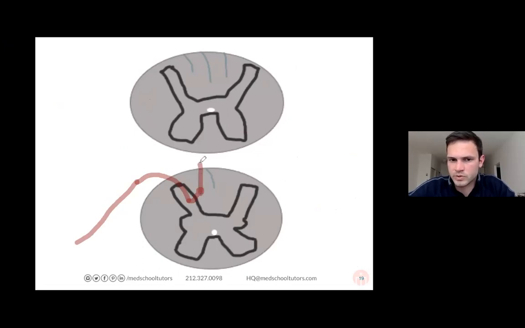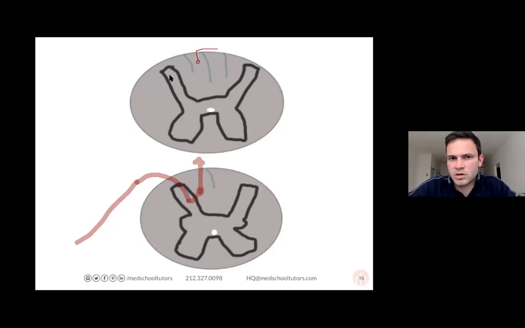So there's no synapse, so it's going to run up, and technically the leg is the outer one. No, the leg is the inner one. They feed in. So the leg is going to be here. We're going to get up to the medulla, and we're going to cross over.